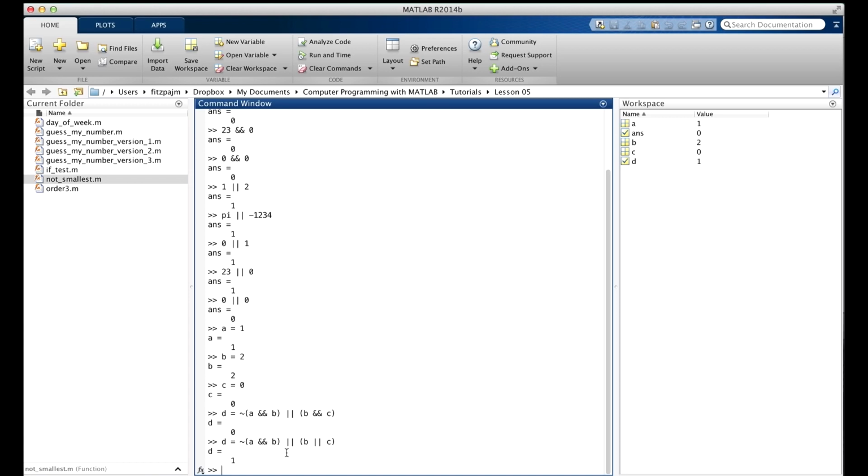But as with the relational operators, it's a bit unexpected to find that they can be mixed with arithmetic operators. What happens here is that the expression in parentheses is true because b is equal to 2, and 2 falls between 0 and 10.